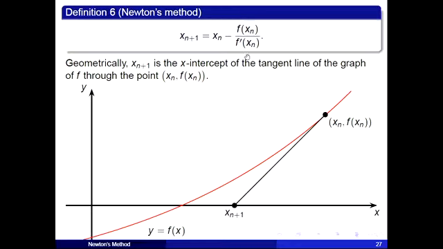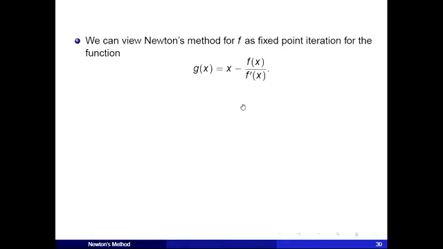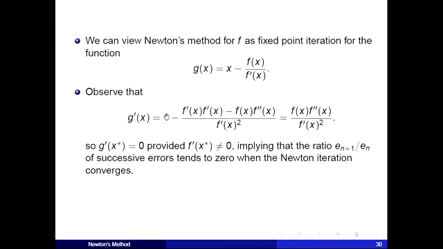If you do that, you can check g prime. By applying the quotient rule, you can get g prime like this. And you see g prime of x star is always equal to 0, because if you put f of x star here, it always equals 0. So it's a very good contraction, because what you want is for the absolute value to be less than 1.